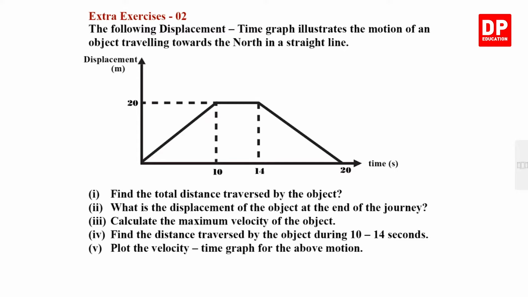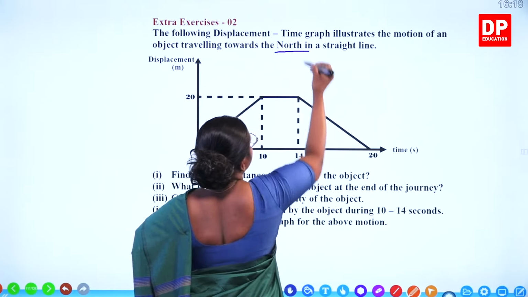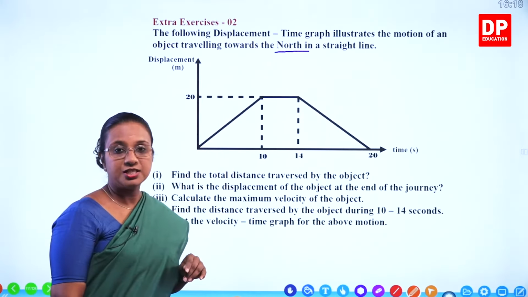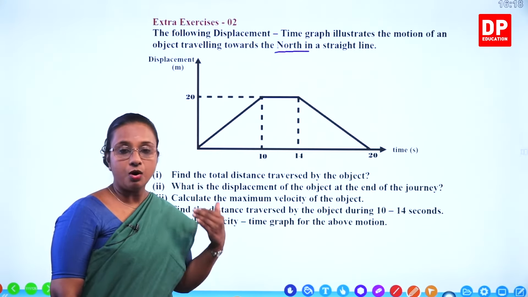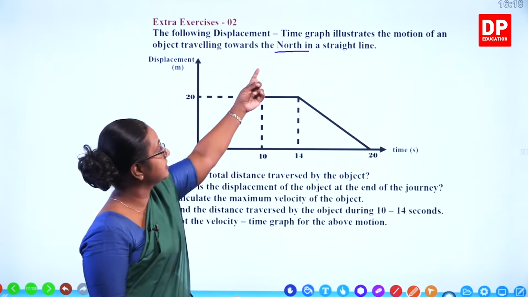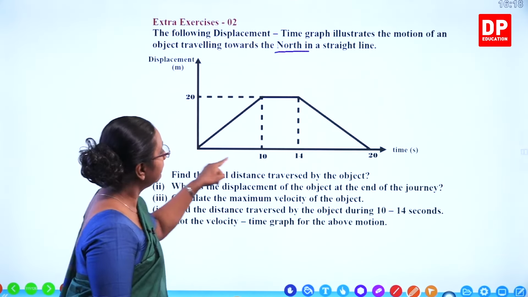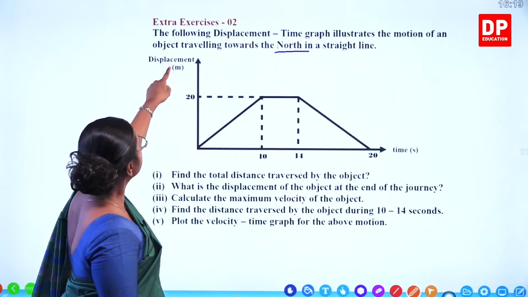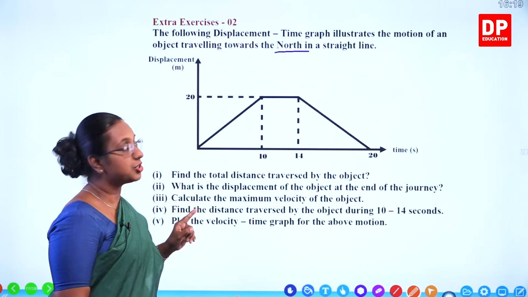Extra exercise 2. The following displacement-time graph illustrates the motion of an object traveling towards the north in a straight line. So, here they have mentioned the direction. So, when you consider displacement or velocity, you have to consider this direction, north. If we look at the graph, initially the object starts from 0. That is the initial point.